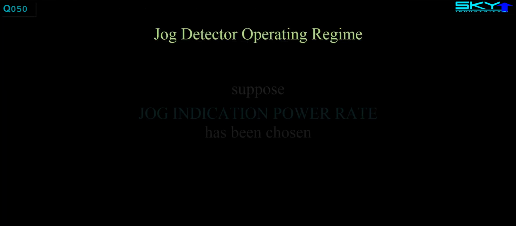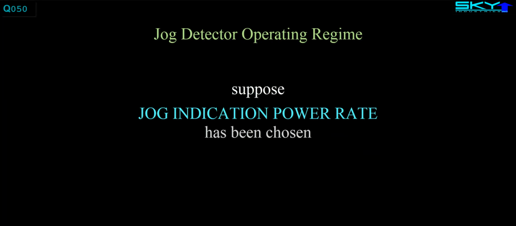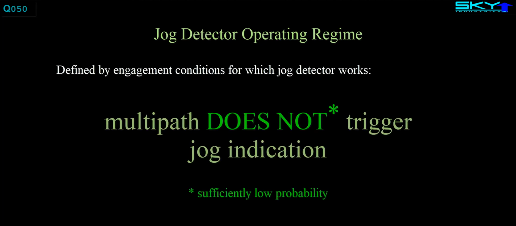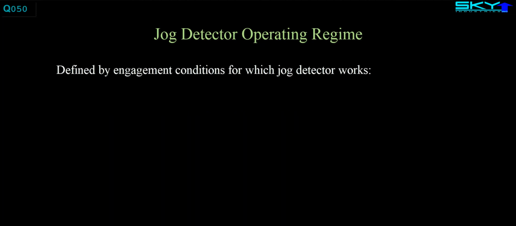Now, once the power rate threshold has been chosen for recognizing jamming-induced angle errors, then the operating regime of the jog detector can be defined. It's defined by the engagement conditions under which multipath does not cause power rates that can be confused with mode 1 or mode 2 seeker angle deflections.